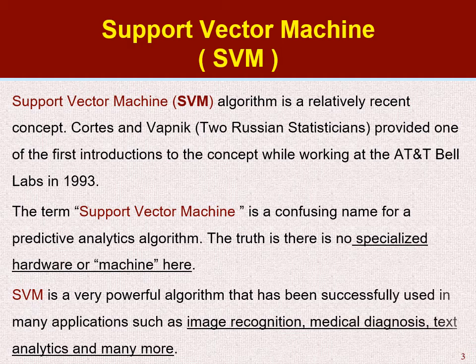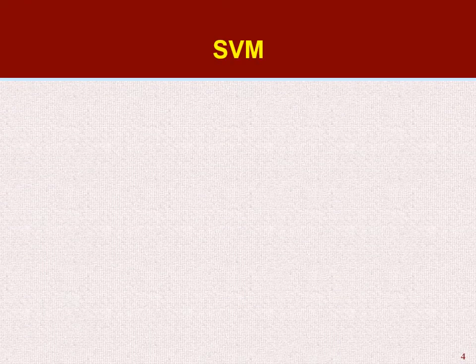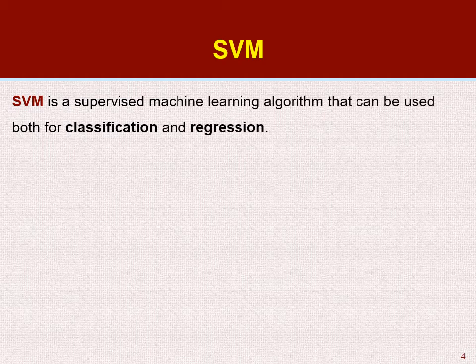SVM is a very powerful algorithm that has been successfully used in a lot of different applications such as image recognition, medical diagnosis, text analytics, and many more. Support vector machine is a supervised machine learning algorithm that can be used both for classification and regression problems.